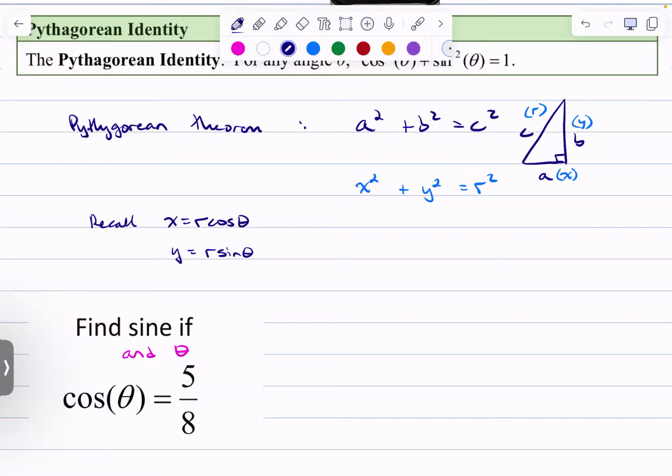Plugging those in, I get r cos theta squared plus r sine theta squared. I almost put the square on. Usually we put the square on the sine, but I'll do it on the outside.